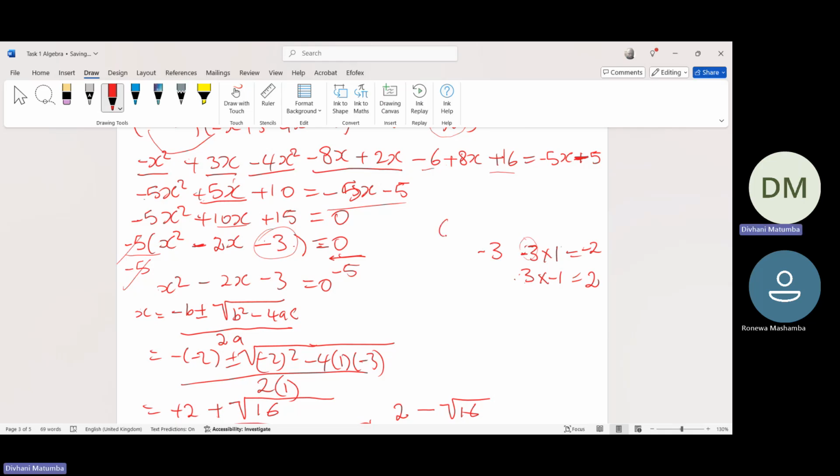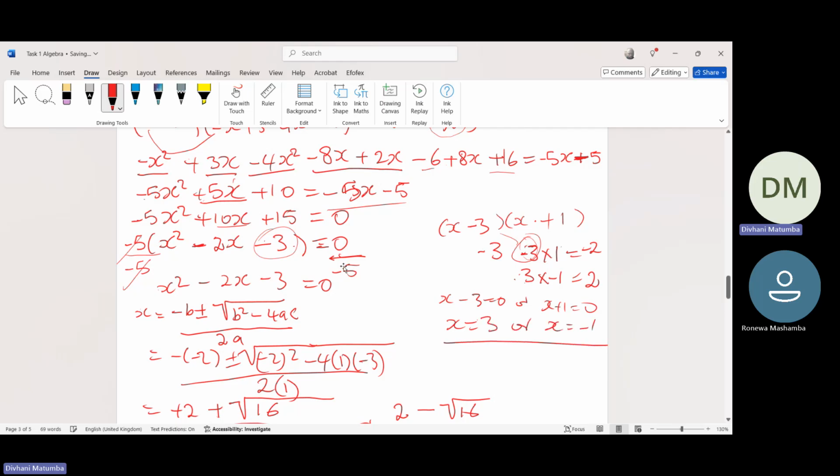So basically, we're just going to have x and x, and then we take them as they are: minus 3 and plus 1. Then we solve for x. x minus 3 equals 0, or x plus 1 equals 0. So we have x equals 3, taking 3 to the other side, or x equals minus 1.